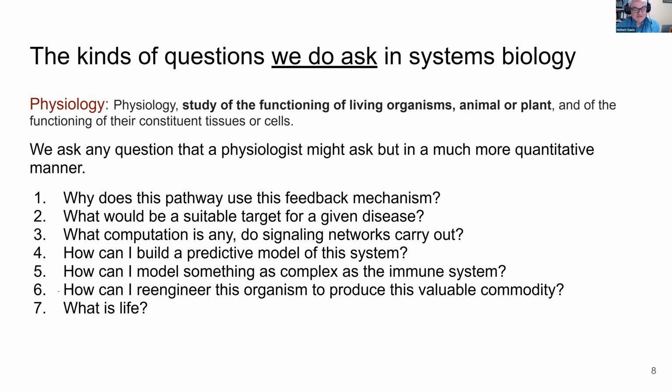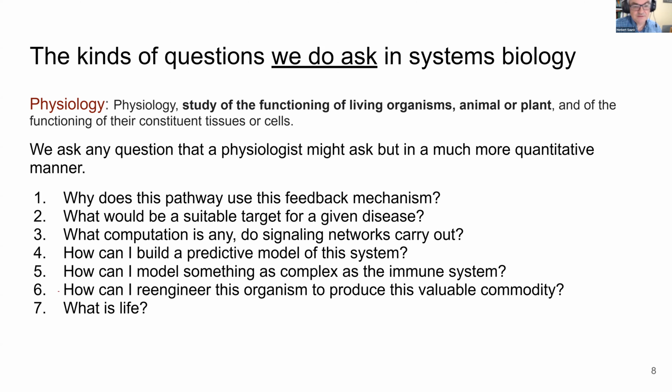So here are the kinds of questions we do ask in systems biology. Physiologists ask these kinds of questions. Why does the pathway use this feedback mechanism? What would be a suitable target for a given disease? Picking the right target within the system is the systems question. What computation, if any, do signaling networks carry out? Protein signaling networks, especially in mammalian cells, are very complex.